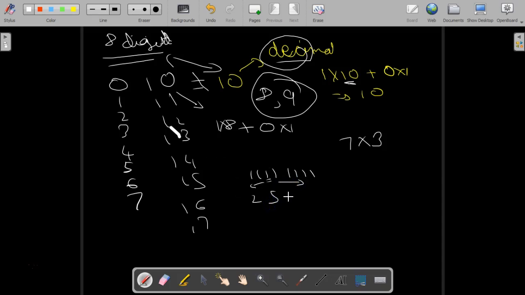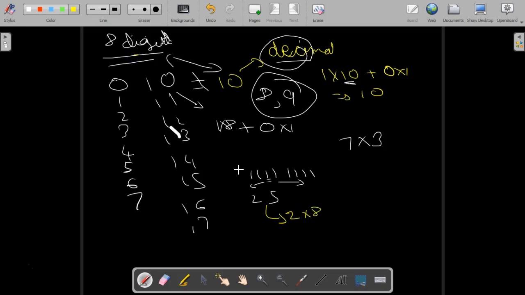And 25 is not your decimal 25, and if you convert this to a decimal number, remember this number is in an 8-digit number system. You convert this back to a decimal system. How you do that is you multiply 2 times 8.